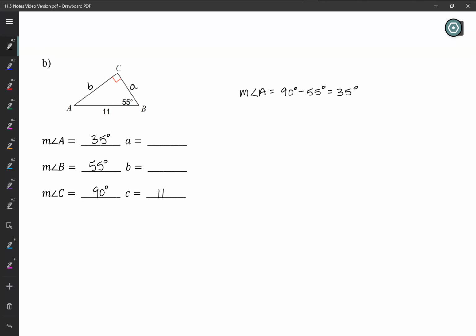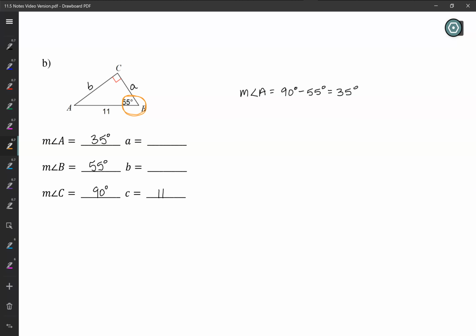Decide which of the 2 sides you're going to go for. It doesn't matter which one you're looking at. Again, if you want to use the 35-degree angle, you certainly can. I always just like to focus on the one they gave me in case I made a mistake somehow subtracting. So I'm going to look at the 55-degree angle.